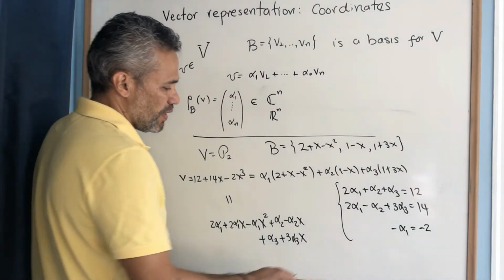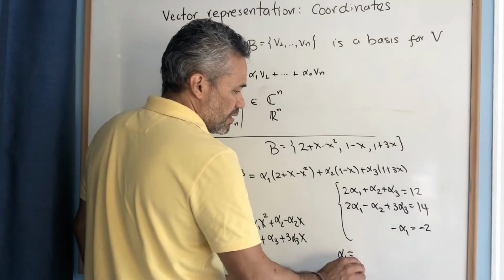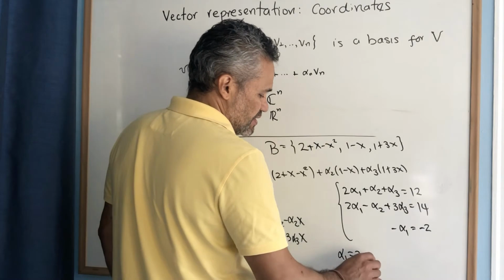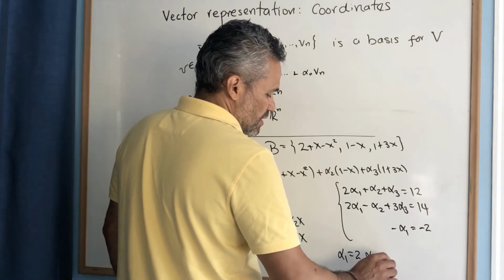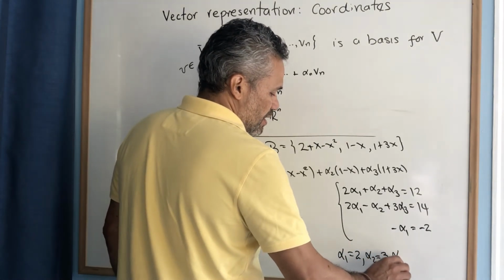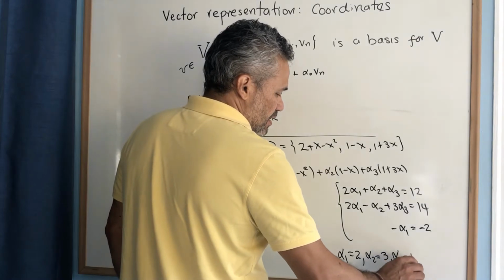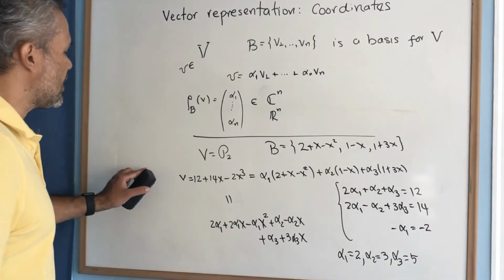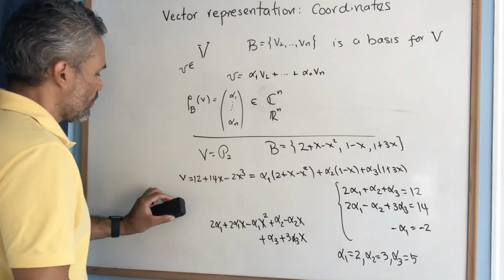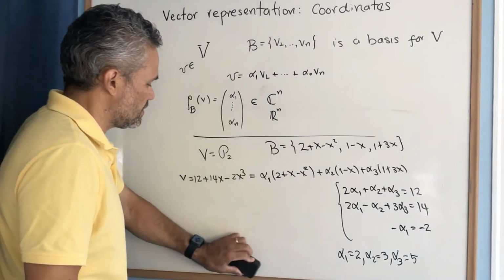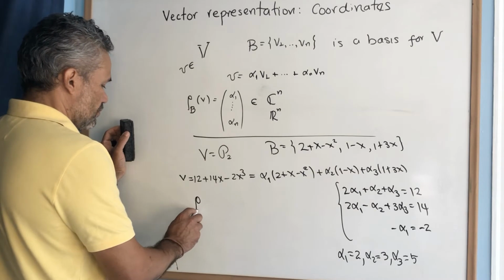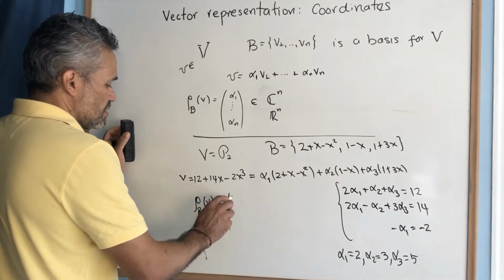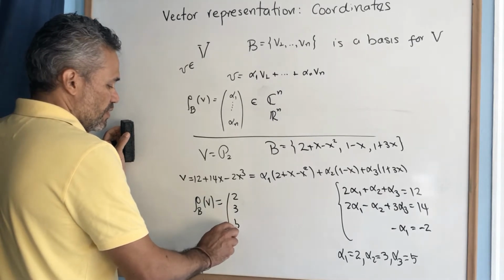From here, we get that alpha 1 equals 2, and we can do the math and check that alpha 2 is equal to 3 and alpha 3 is equal to 5. Therefore, the coordinates with respect to the basis B of this vector is the vector (2, 3, 5).